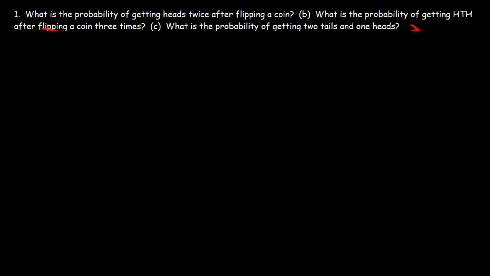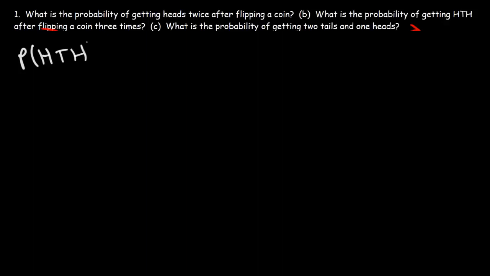Now, what about part B? What is the probability of getting heads, tails, heads after flipping a coin 3 times? So what you need to know is that the order matters in this problem. But getting the answer is pretty straightforward.